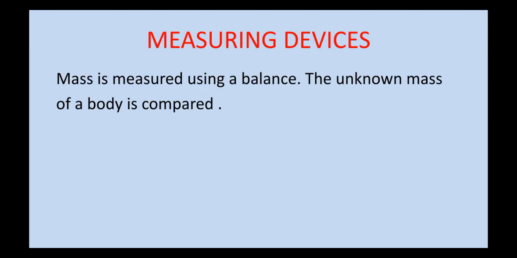Now, dear children, there are some measuring devices that are used to measure the mass. If you have ever been to a vegetable seller, you might have seen that he measures the vegetables like tomatoes or maybe any other vegetable using a measuring beam balance.